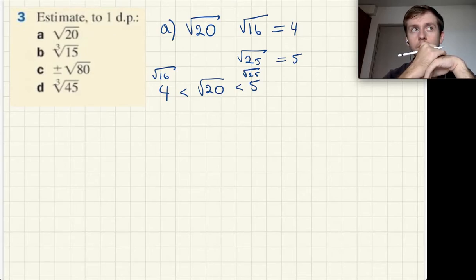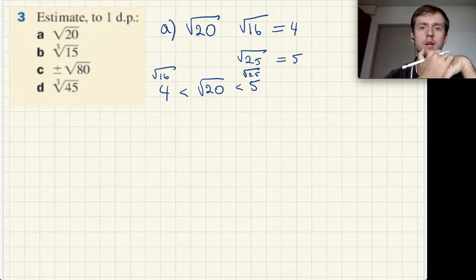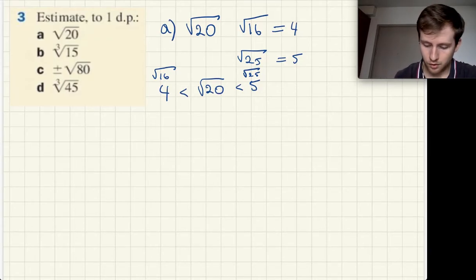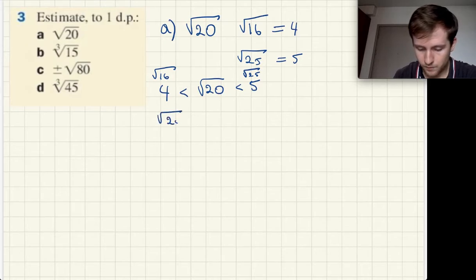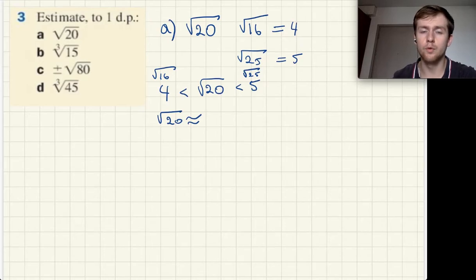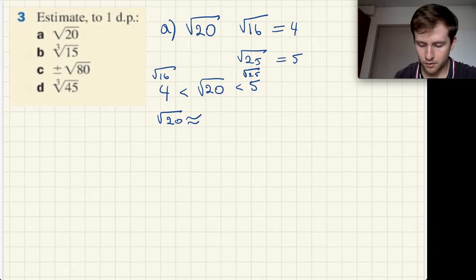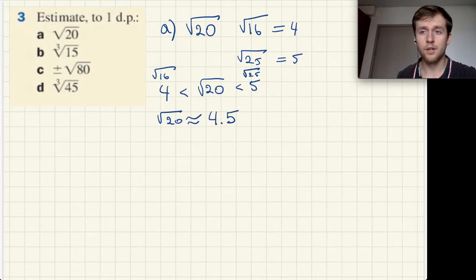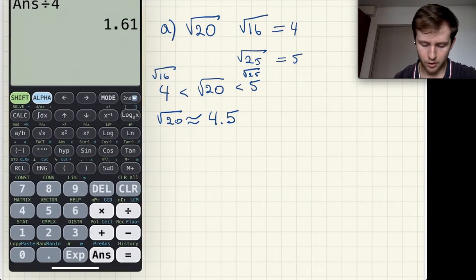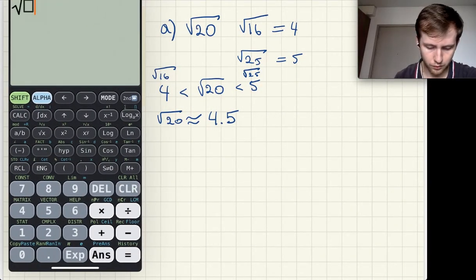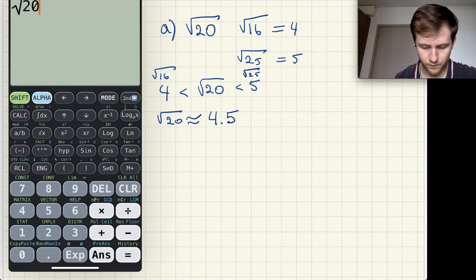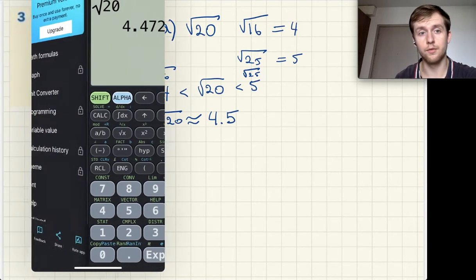But then if we remember the nature of square root numbers, that tells us it's going to be around, so square root of 20 is approximately equal to, I would say, 4.5. We can check, we can use a calculator for this. So square root of 20 is approximately equal to, yeah, 4.5.